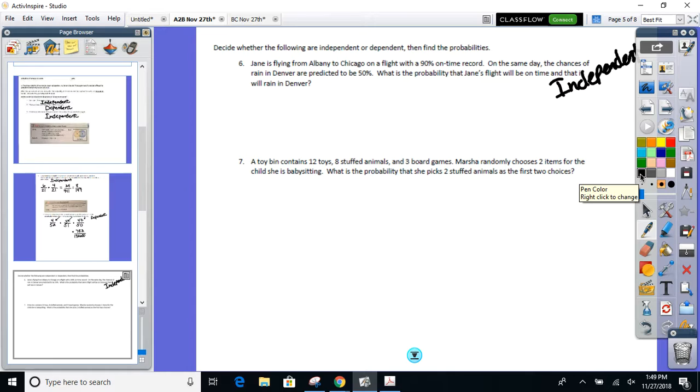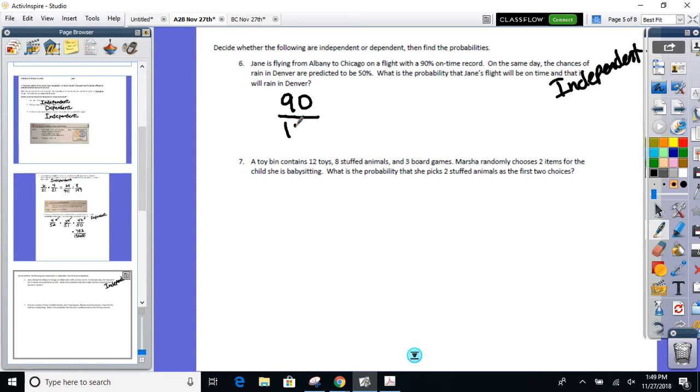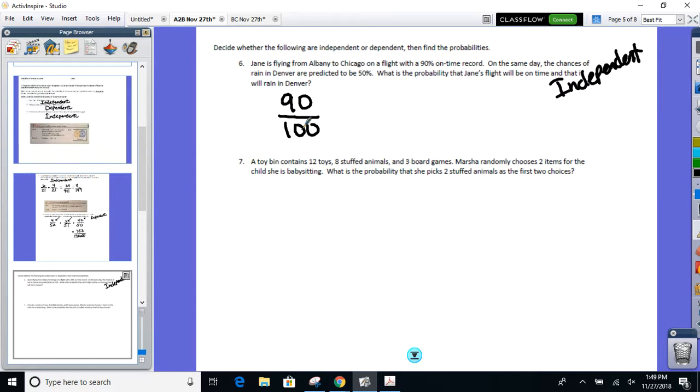And I said this is the first time we've dealt with percent. How do I write that as a fraction? 90 over 100, yeah. And what's the probability it rains in Denver? 50 over 100. And since I'm doing two different events, what do I do with these probabilities? Multiply them, yep.